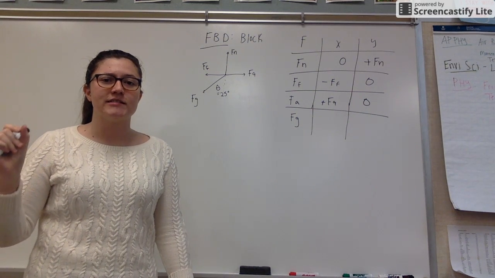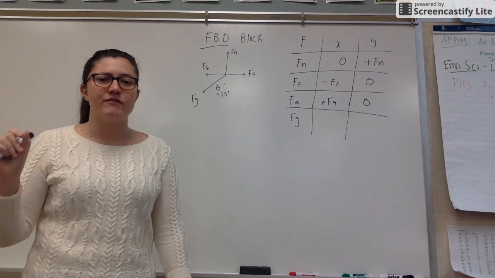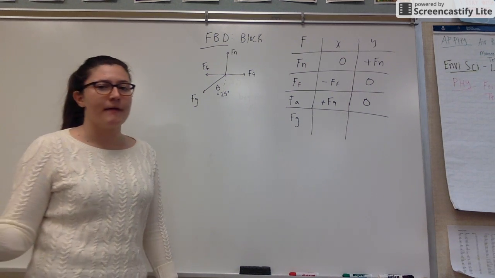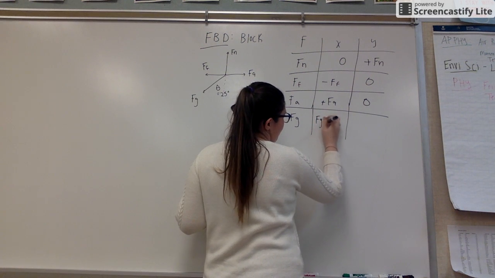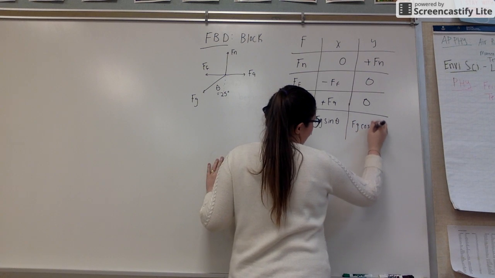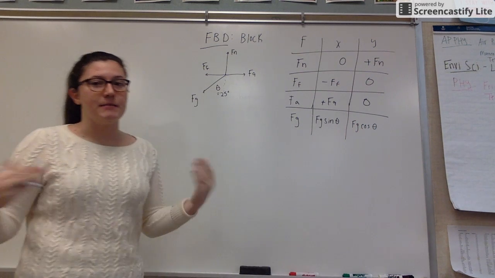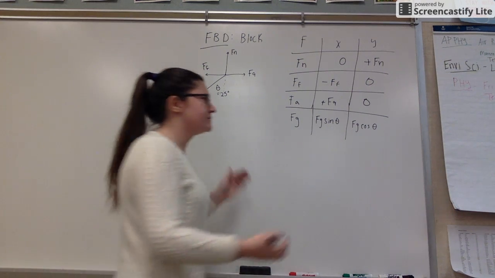So we're going to have FG sine theta for x, FG cosine theta for y. Is it positive or negative? Both negative because we're down and to the left.